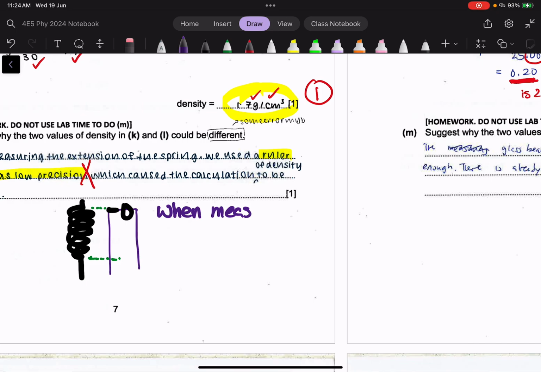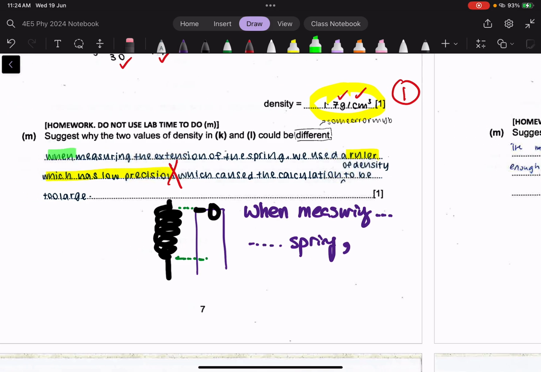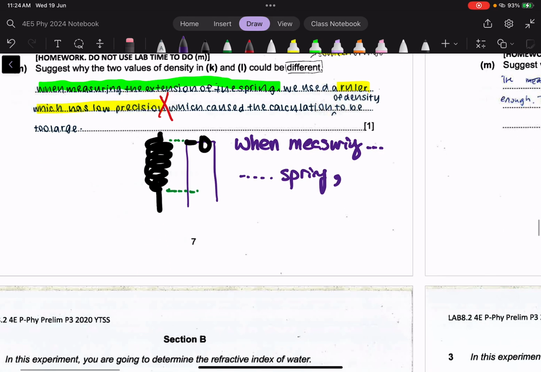So if I were you, I would comment on when measuring the extension of the spring. So I will use back the same thing over here. When measuring the extension of the spring, the difficulty is not the precision of the ruler.